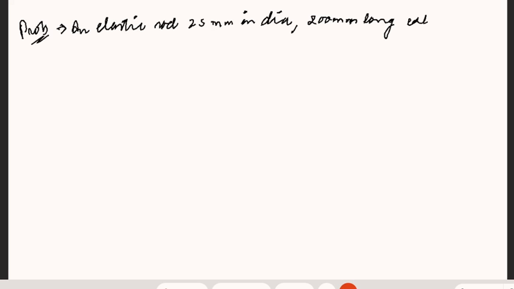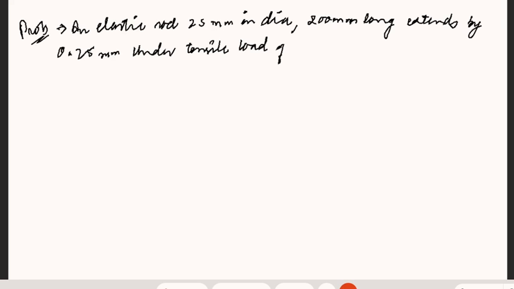It extends by 0.25 mm under tensile load of 40 kilonewton.